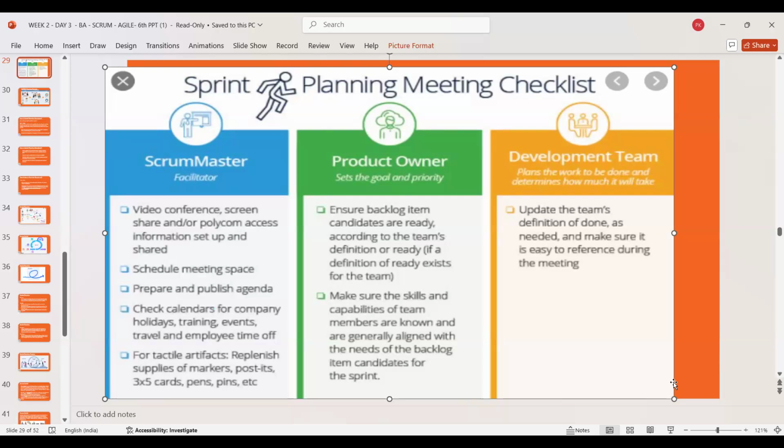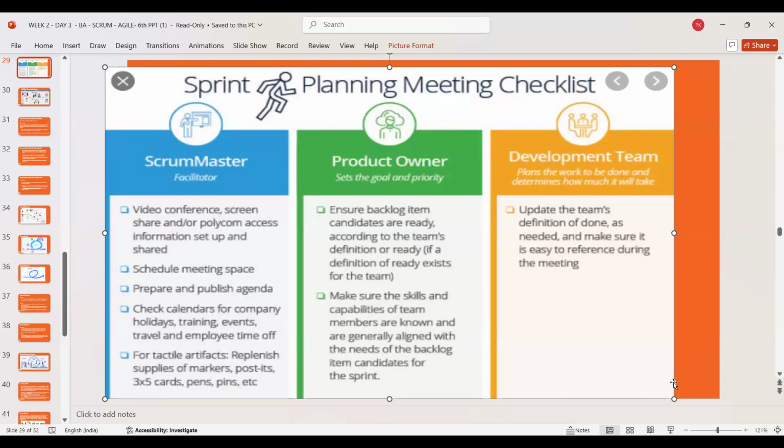First of all, it's a big sentence, so let us break it into two or three parts. The first part says make sure the skills and capabilities of the members are known. That means, as a team, we should, sorry, I understood the first part. The second part I didn't understand: and are generally aligned with the needs of the backlog item candidates for the sprint.